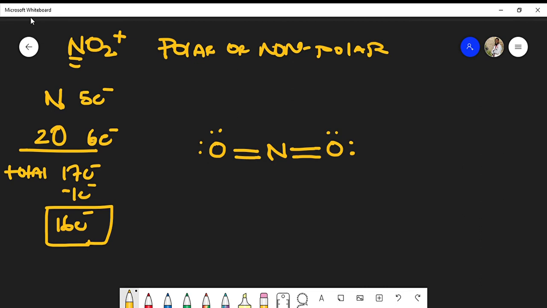Now, if you notice, there is a plus charge in the molecular formula. And we should know this by now, that the plus charge will be on the nitrogen.